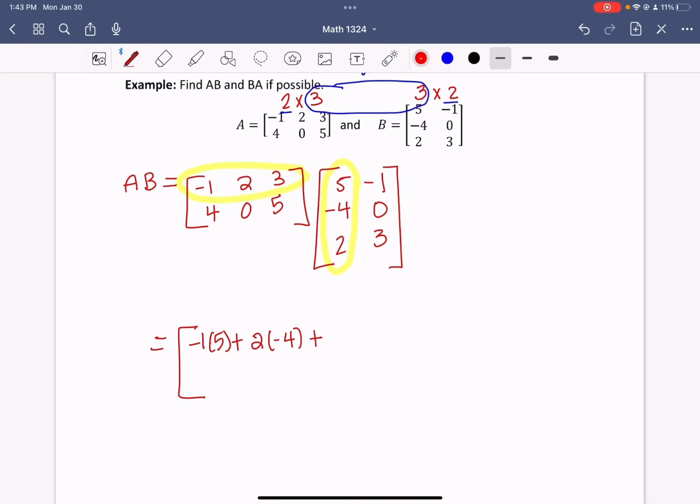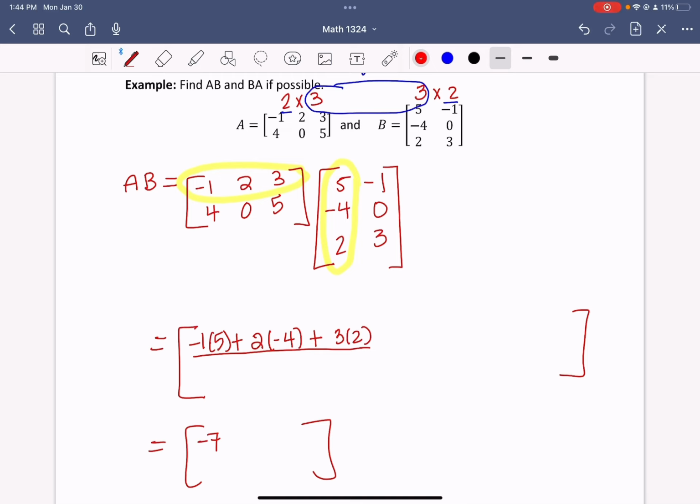And what we're doing is we're multiplying each piece and adding that together. So then 3 times 2. All together, once I multiply and add all this together, which gives me -5, -8, +6, add it together, gives me a result of -7. So you're going to multiply each piece, add all those pieces together to give you one piece of -7.